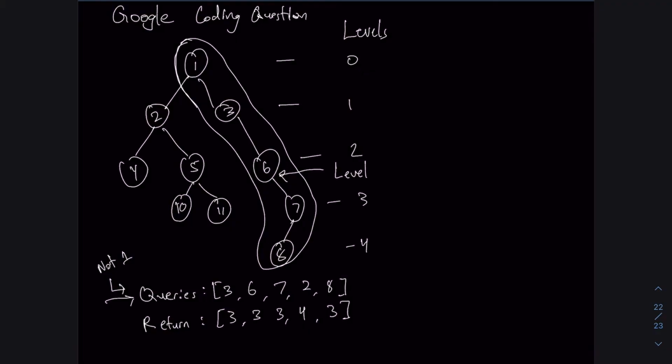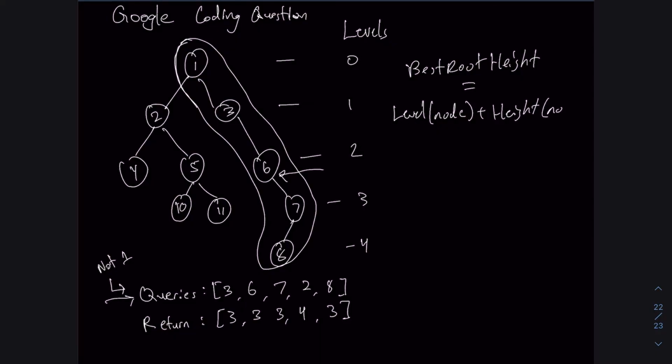So the best root height is equal to the level of that node plus the height of that node.